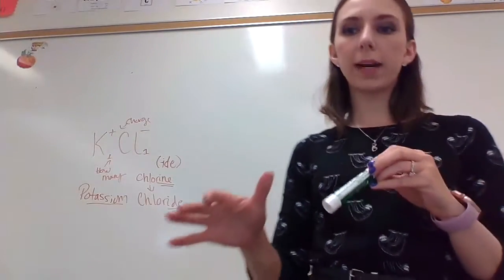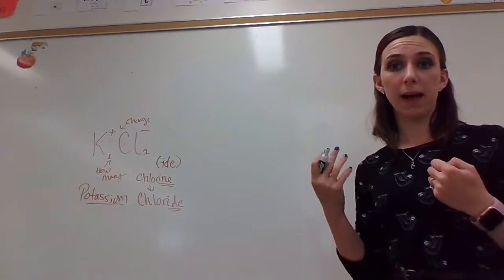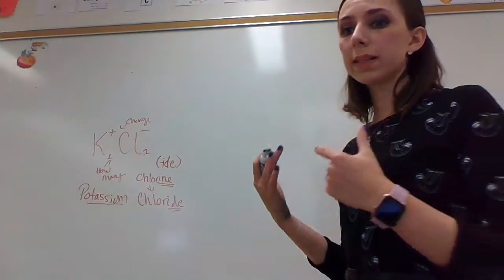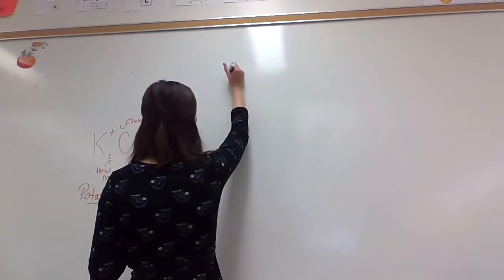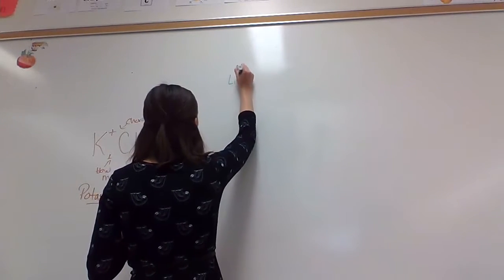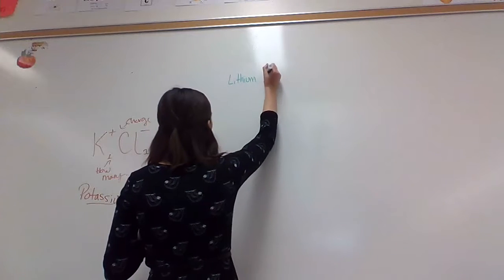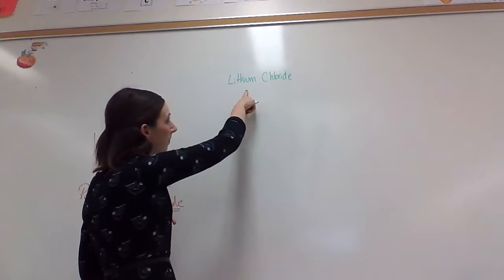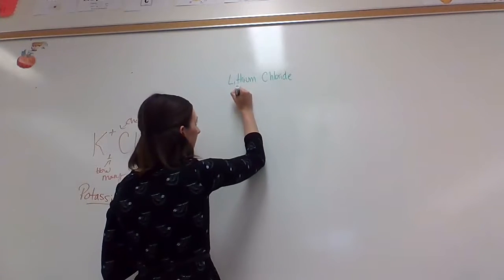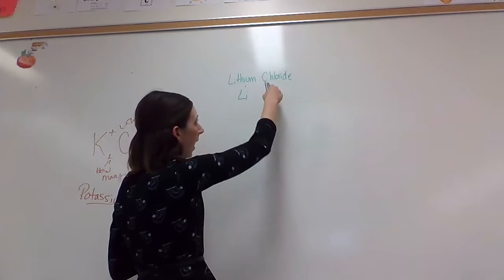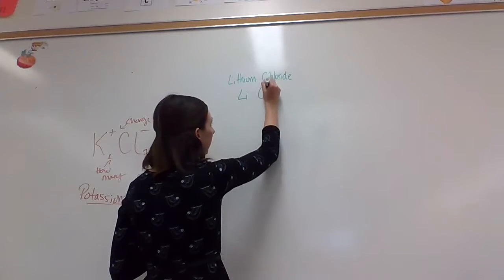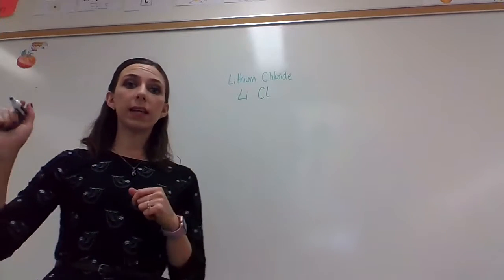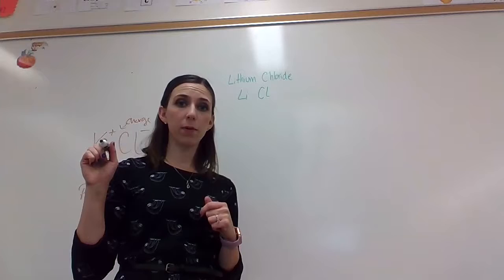So we're going to do some practice on writing the balanced equations. So one example, we're going to do lithium chloride. So for lithium, our symbol is Li. And for chlorine, our symbol is Cl. We know that lithium is in group 1 on the periodic table.